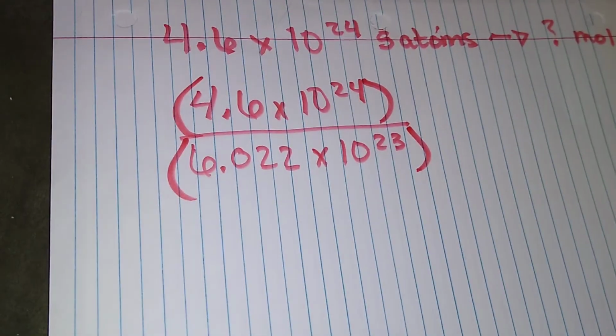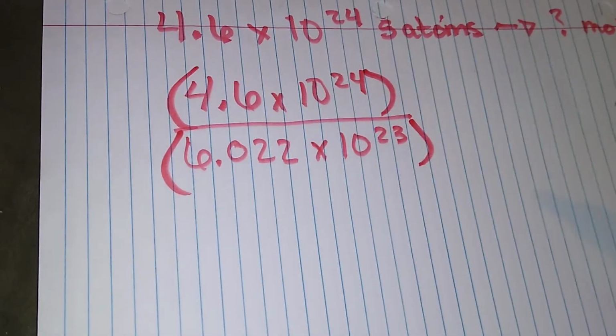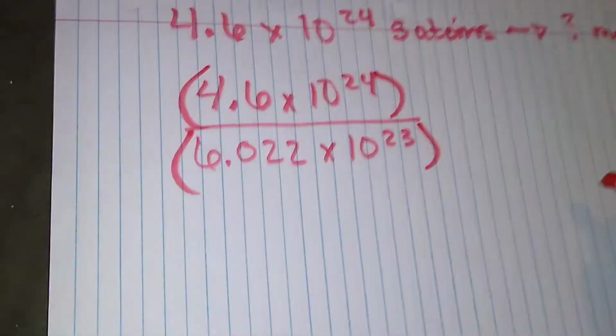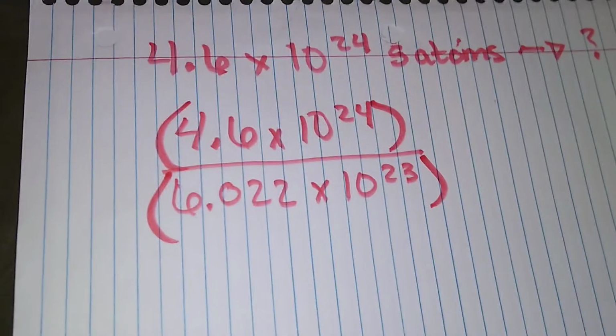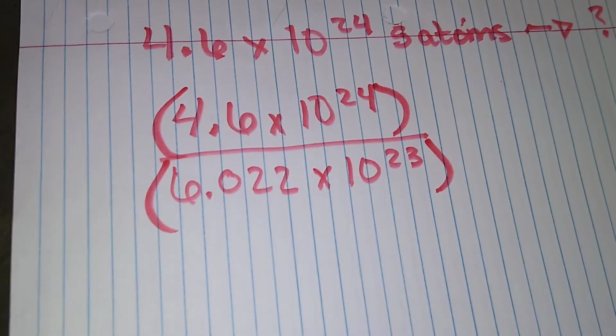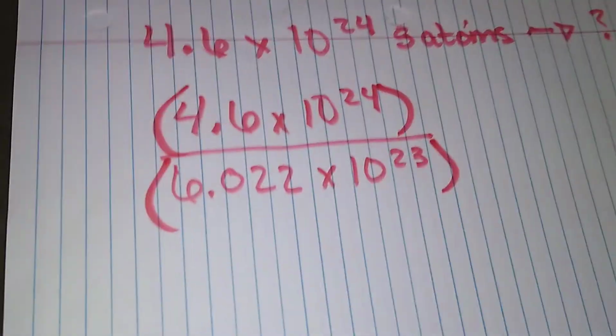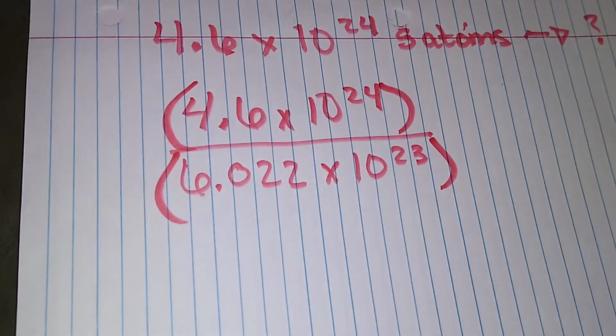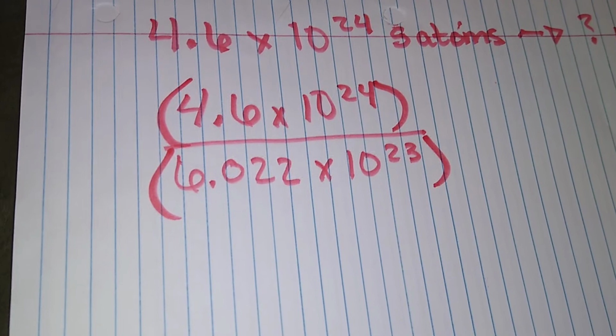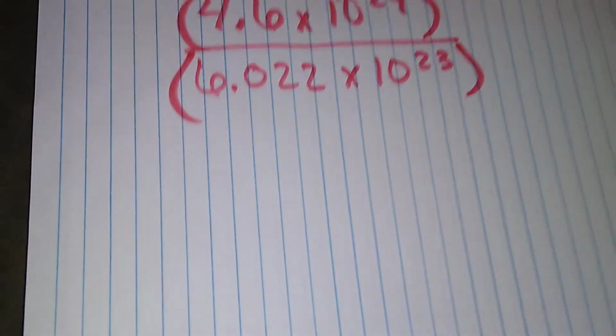You may get the number right, but the exponent will be wrong, because you should not get something with an exponent over 23 or 25 or something like that. If something comes up and the exponent is like 48, it's wrong. Anyhow, use parentheses, and when you do, you'll get a number.